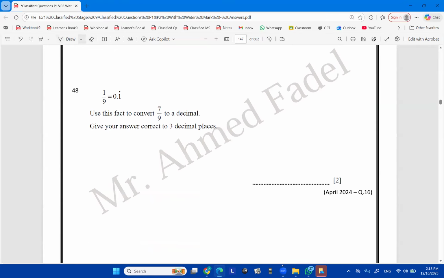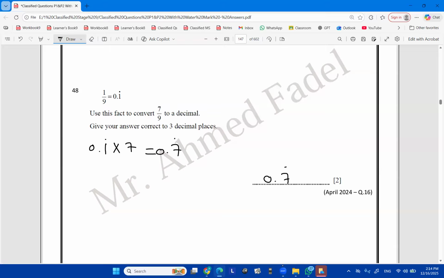Next, 1 over 9 is 0.1 with a dot notation above the 1. Use this fact to convert 7 over 9 to a decimal. Don't go over there and do the division, please. For God's sake, don't do this. They want 7 over 9. They gave you 1 over 9. So it is the same as 0.1 dot notation times 7, which is 0.7 with dot notation above the 7.